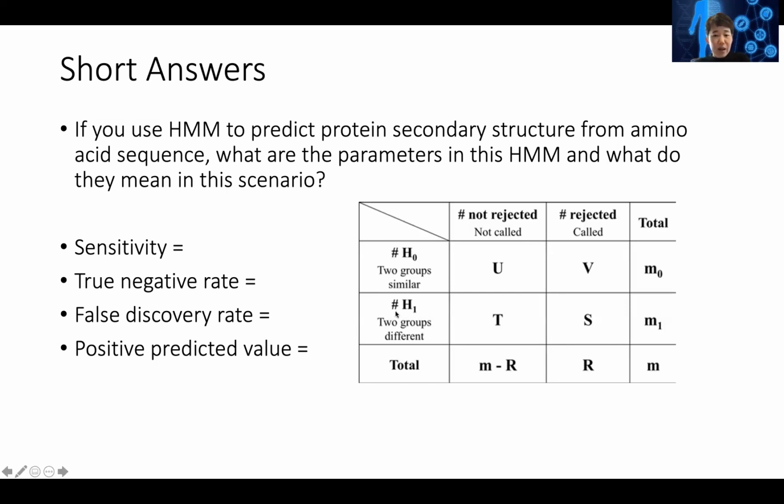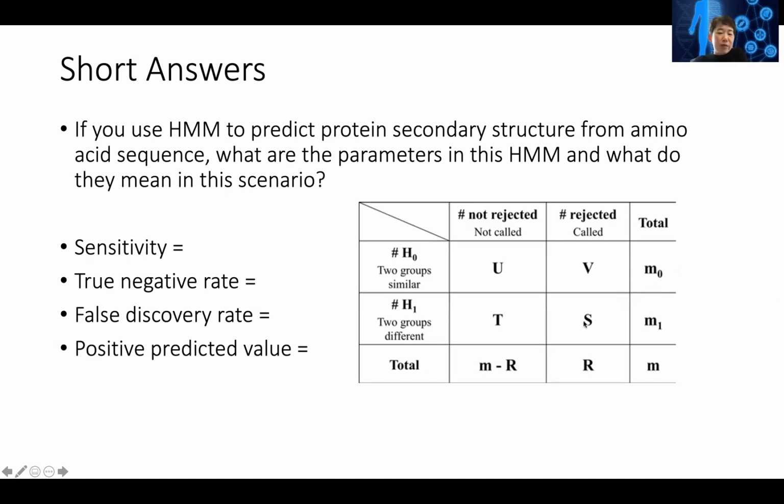Sensitivity is, if a gene is indeed differentially expressed, or the two groups are different, let's just think about differential expression. Sensitivity is if the gene is indeed differentially expressed, what's the chance you're going to call it? If the number of differentially expressed genes is M1, and you're able to call S of them, it is S divided by M1.